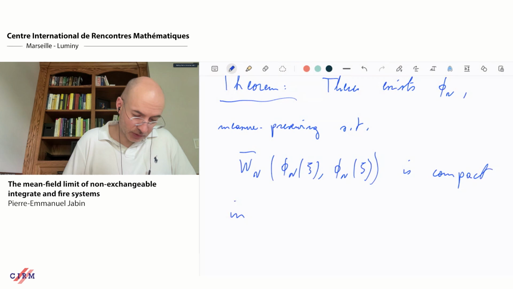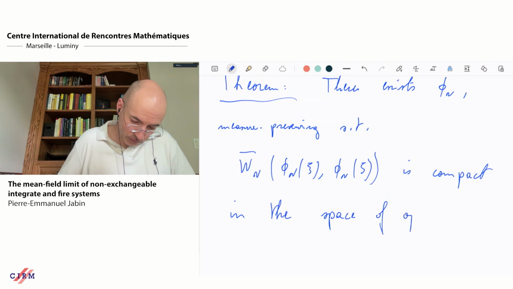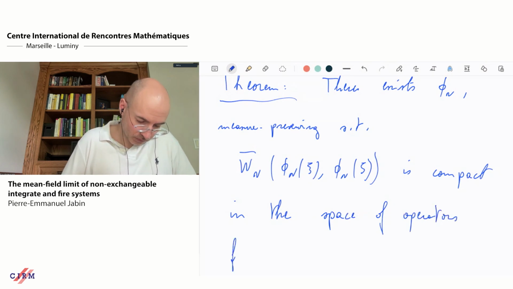And it's compact in the space of operators from L infinity to L1, L infinity of [0,1] to L1 of [0,1].